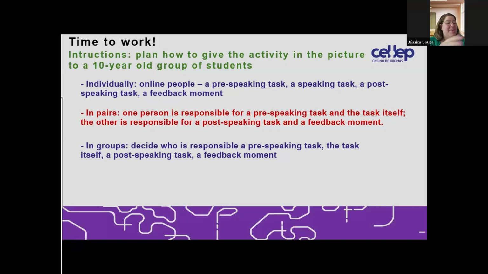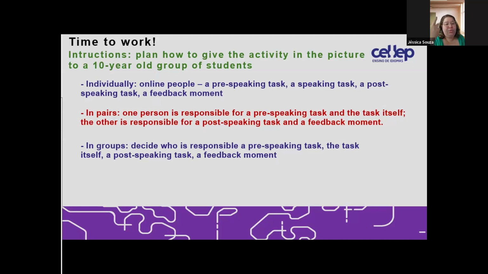we thought it was a very nice idea, but for the post activity, instead of using "do you like, yes I do, no I don't" and "I like, I don't like" in the same activity, we would use "do you like, yes I do, no I don't" for the actual speaking task.